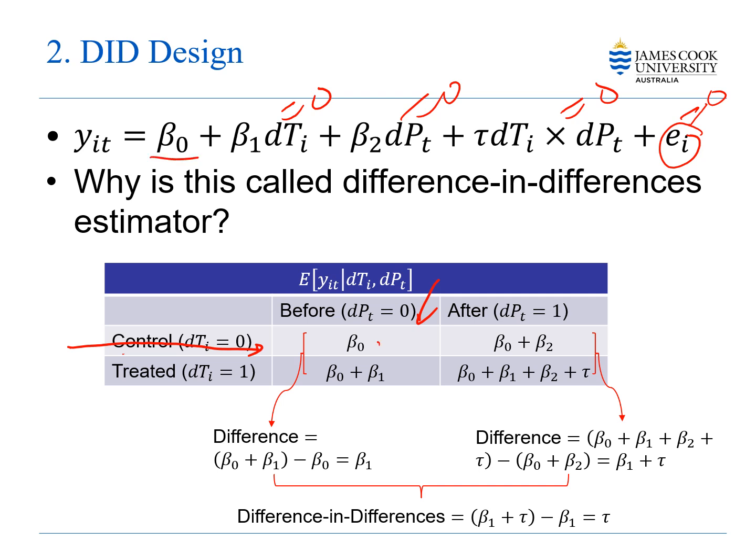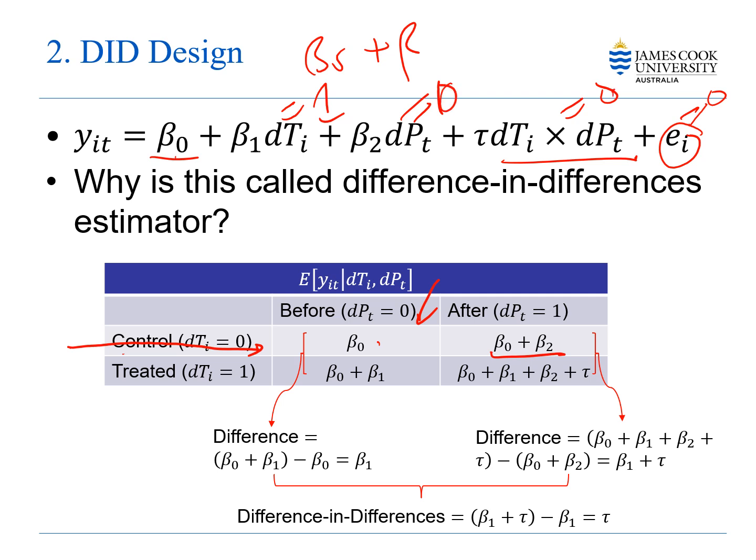Okay, after the policy, now dpt is equal to 1, and the interaction term continues to be 0, because dti is 0, so we get beta 0 plus beta 2. Similarly, for treated, dti is equal to 1, and before the policy dpt is 0, so the interaction is 0.